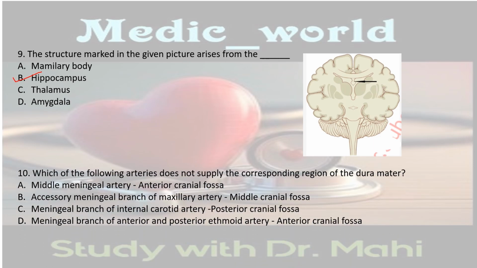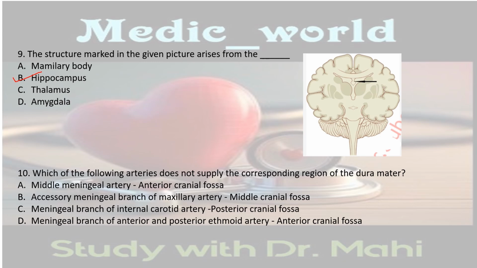Next question. Which of the following arteries does not supply the corresponding region of the dura mater? Let's see the options. Middle meningeal artery, anterior cranial fossa, right option. Accessory meningeal branch of maxillary artery, middle cranial fossa, correct.